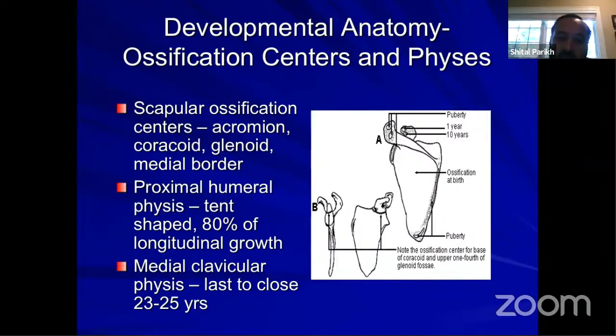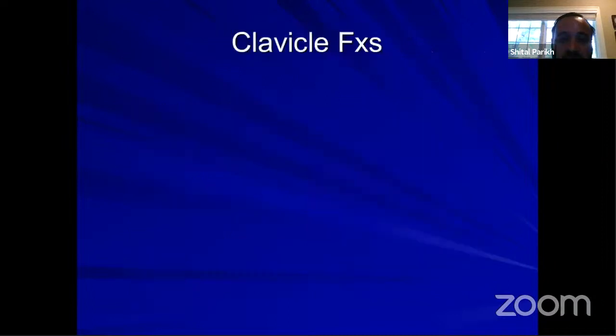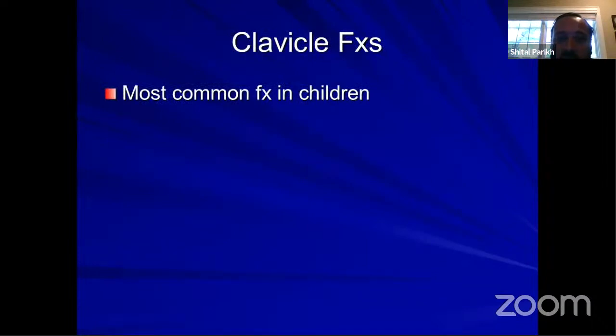If you know that the coracoid base does have a physis, then you would understand that it's not a fracture. Whenever in doubt, you can always get a contralateral X-ray. Similarly, there are ossification centers for the acromion and the glenoid, and one should be aware of those centers to avoid missing true fractures.